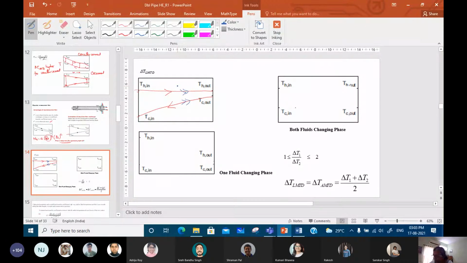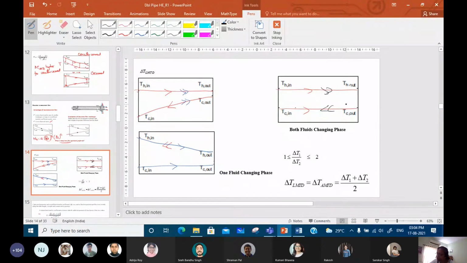No, ma'am. Same thing if we have a vaporizing fluid. Okay, so this is constant and this is this. In this case also, co-current or counter-current flow, will the delta T LMTD change? No, ma'am.